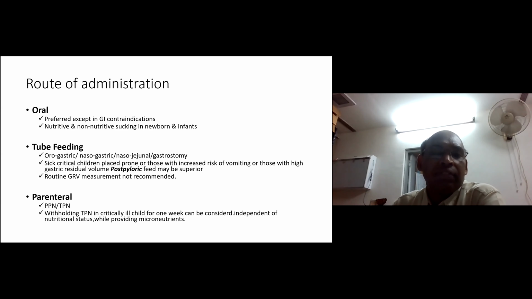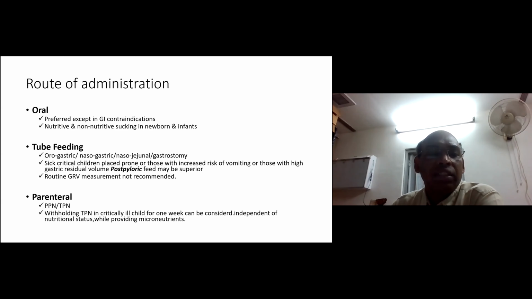Nasojejunal is rarely required, when there is repeated vomiting and other factors along with that, like a critically sick child who is placed prone for management, and increased risk of diarrhea and vomiting. There the post-pyloric feed can be tried.